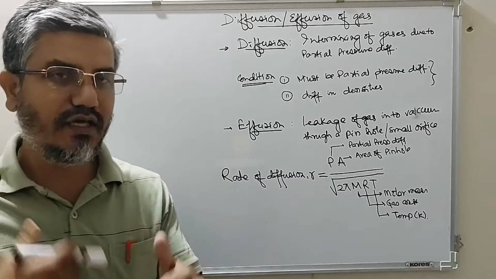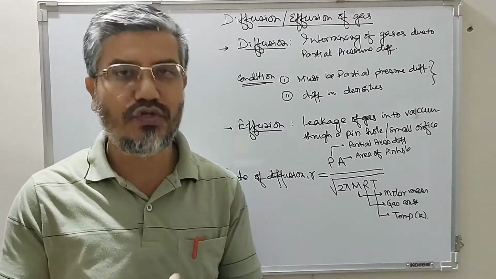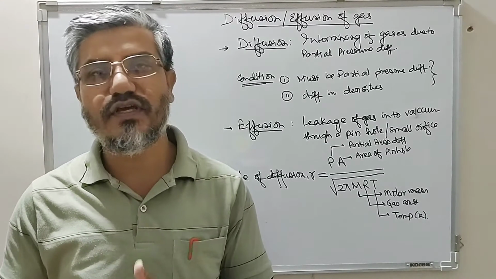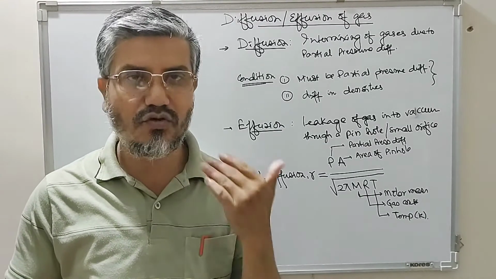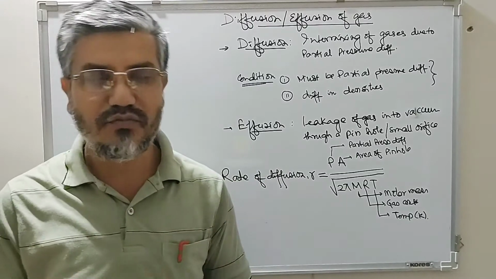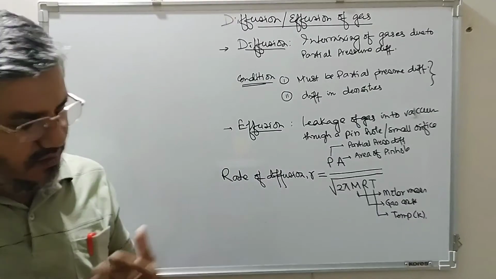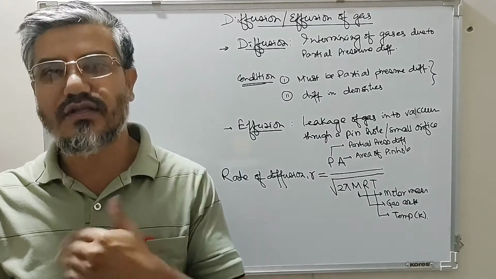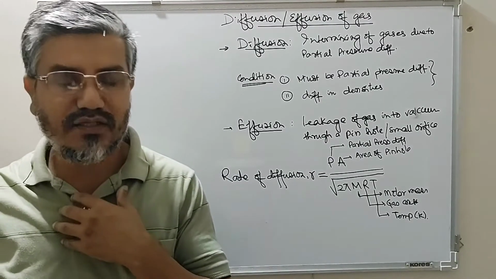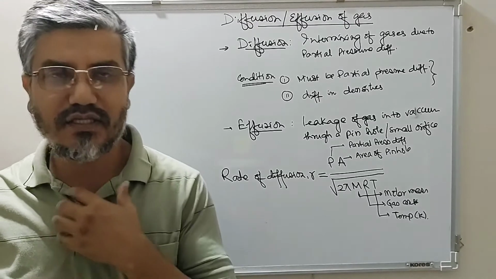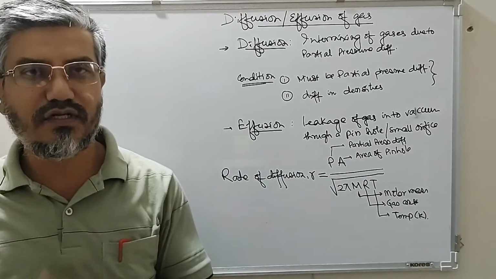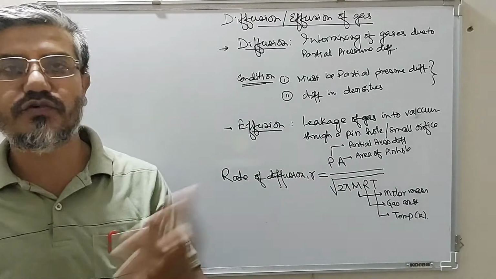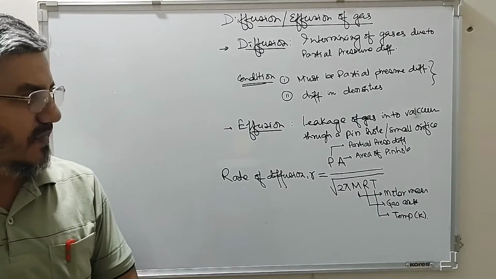As the heavier gas moves slowly, the rate of effusion or diffusion will be less. If the mass of the gas is less, then it can move fast, and as the gas molecules move fast, the rate of effusion or diffusion will also be fast.